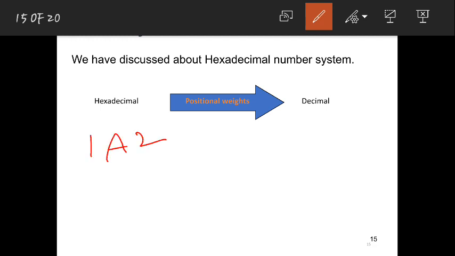Okay, in between. Yeah, so now let's see the positions of this. So this is a hexadecimal number, and you need to convert it into decimal.